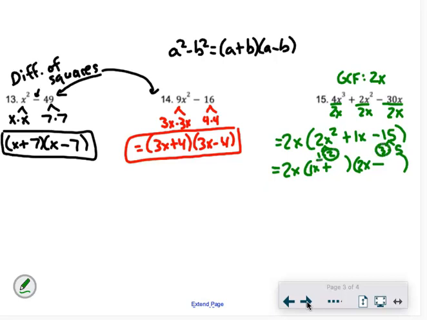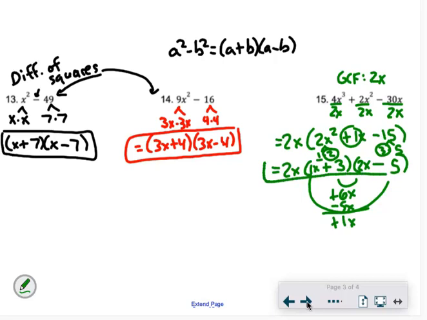And then I would be left with 1 and 5, which makes 5. 6 and 5 are going to be 1 apart, and that's what I want. Okay, so I want to be able to get 2 times 3 and 1 times 5. The reason that works, that gives me 6 x's. This gives me negative 5 x's, and that's my positive 1x. GCF first, if you can. You always want to use the GCF if it's there, if it's possible.